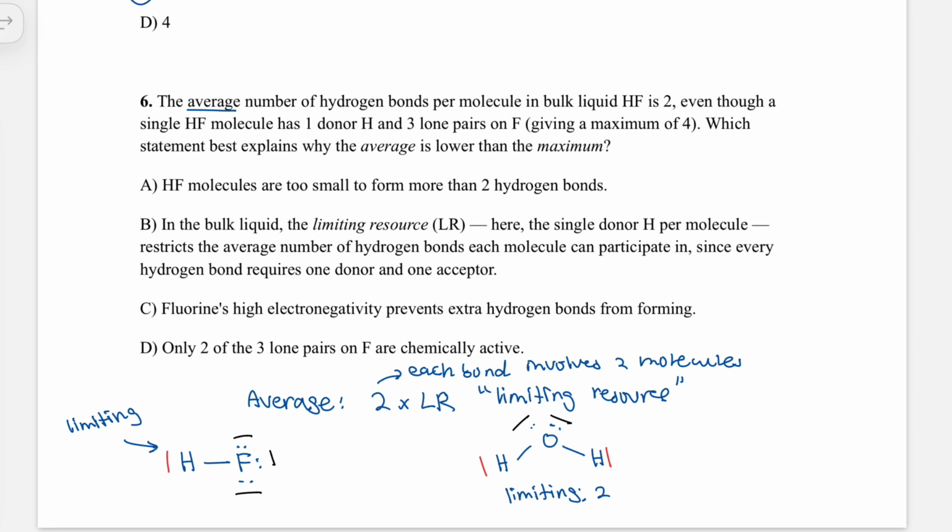So if we go through our options, A does not make any sense. B is correct. In the bulk liquid, the limiting resource restricts the average number of hydrogen bonds, since every hydrogen bond requires 1 donor and 1 acceptor. So that's the reason why the average is lower than the maximum.